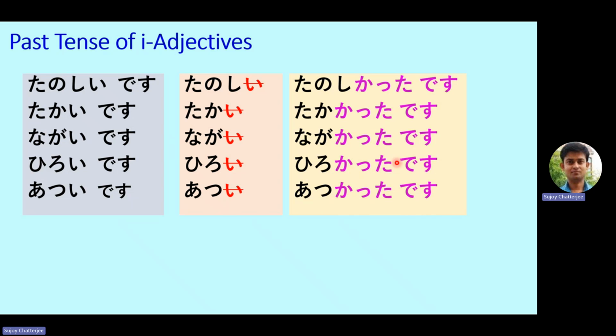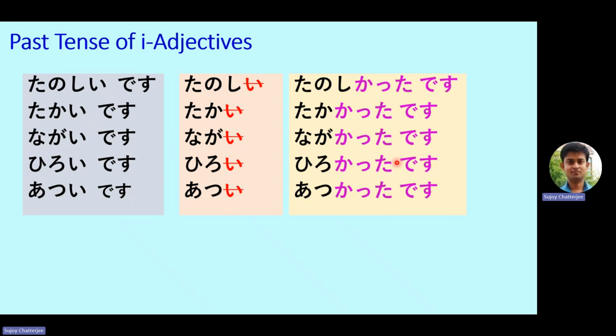So tanoshikatta, takakatta, nagakatta, hirokatta, atsukatta. And finally there will be desu. So tanoshikatta desu, takakatta desu, nagakatta desu, hirokatta desu, atsukatta desu.